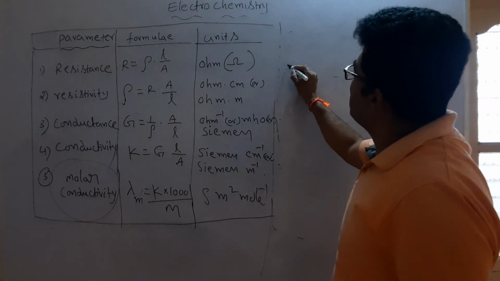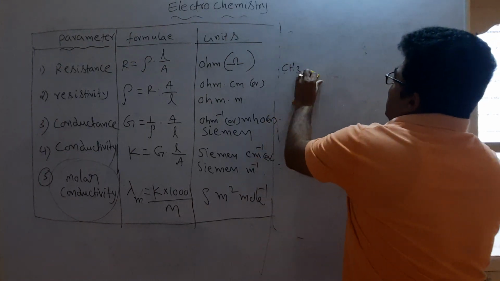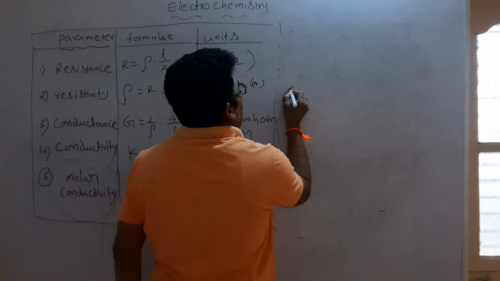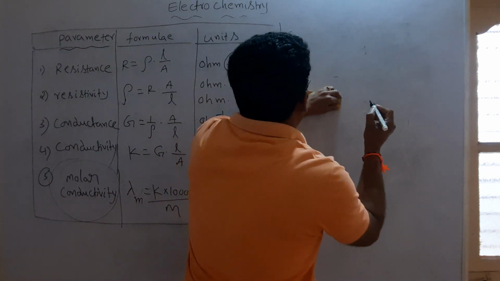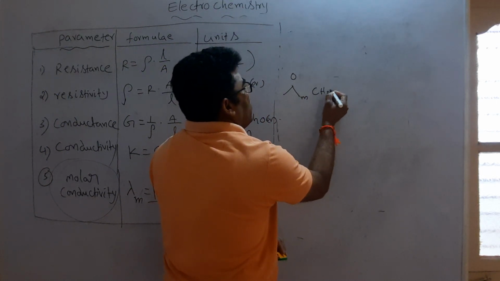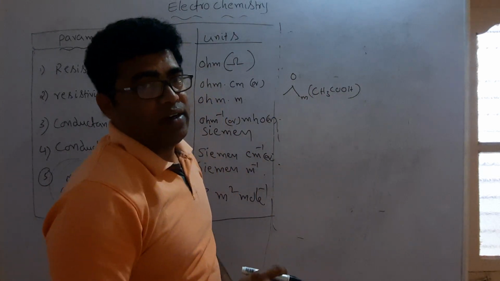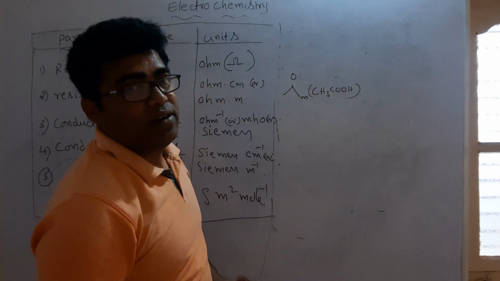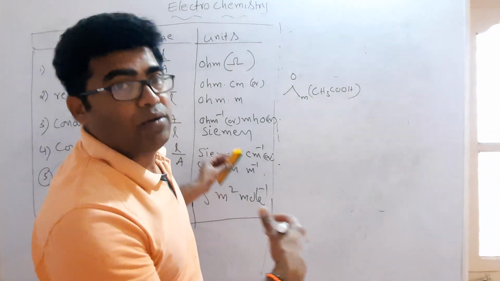What is a weak electrolyte? For example, CH3COOH is a weak electrolyte. Suppose this one, lambda naught of CH3COOH. The molar conductivity of a weak electrolyte at infinite dilution we cannot find by using any instrument or experimentally.